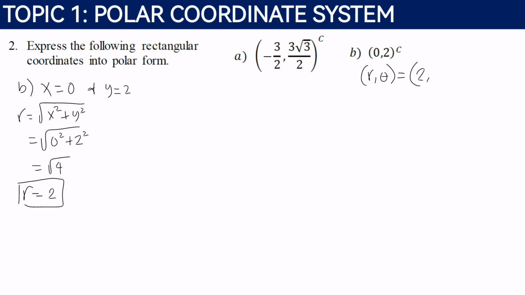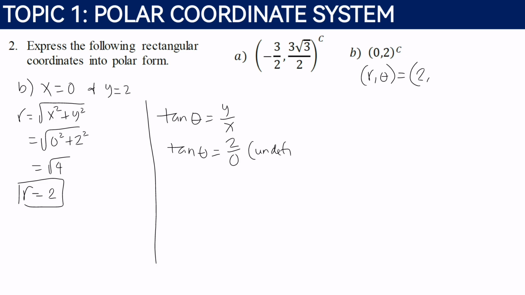That's it. Now, let us analyze theta. So, tangent theta is equal to y over x. Tangent theta is equal to 2 over 0, which is undefined. So, ask yourself, when will this happen?